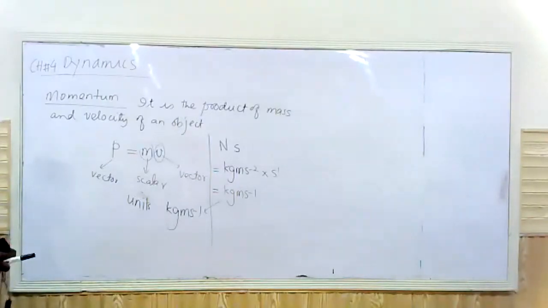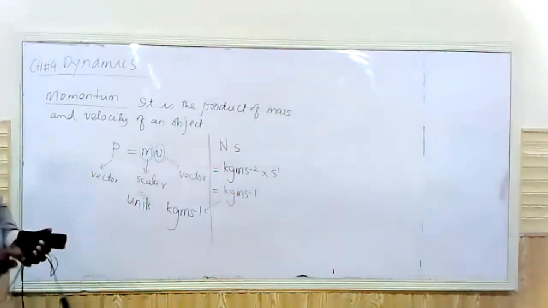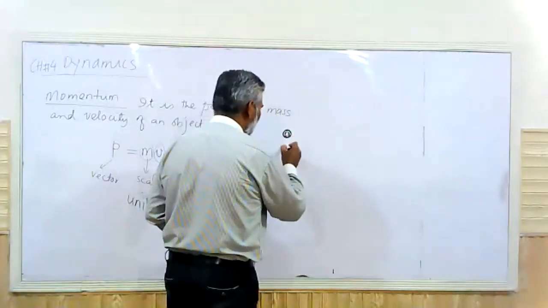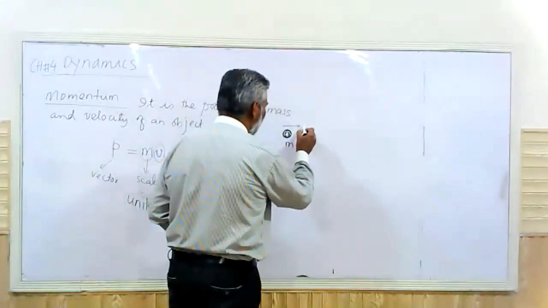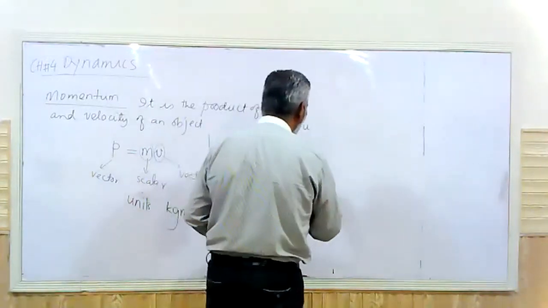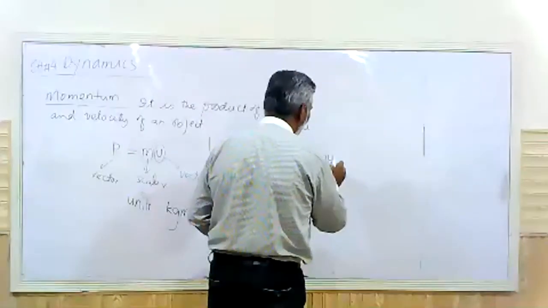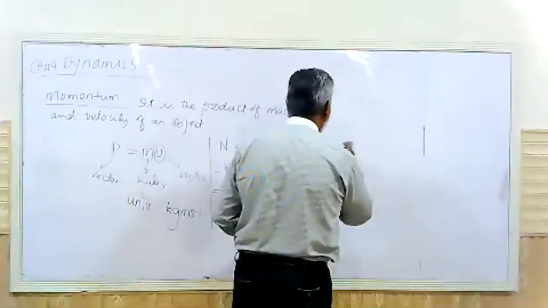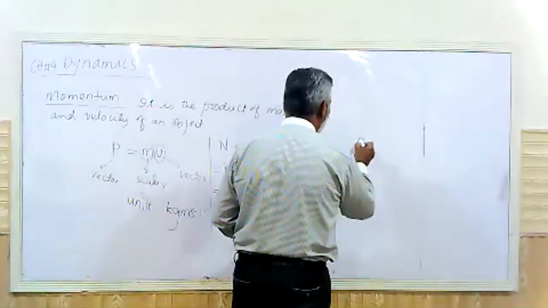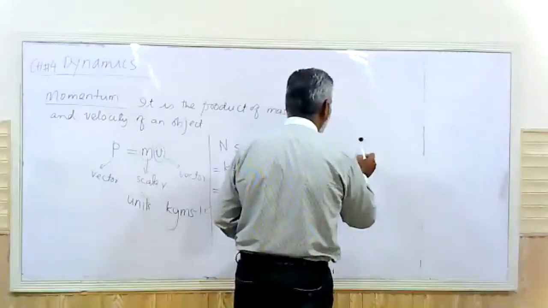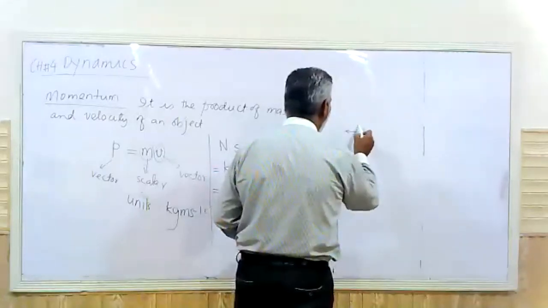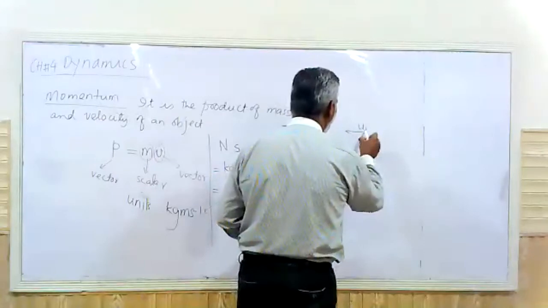That means if an object is moving in one direction, suppose this is its mass, m, and this is its velocity, u, its momentum is mu, m into u. But if there is another, let's say this is m1 u1. Suppose there is another object that is moving in this direction, its mass is m2, but it is moving from the opposite direction and its velocity is u2.